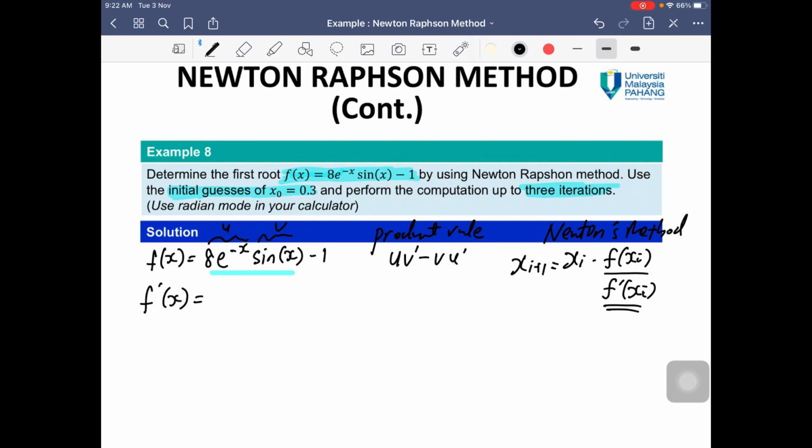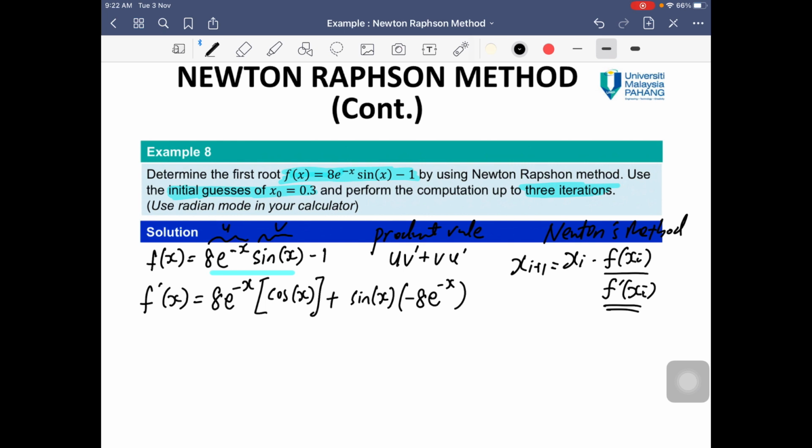By using the product rule, u is 8 e^(-x), and differentiating v, we get cos x. Then plus v u', so I keep my v, sin x, and I differentiate u, so I should get negative 8 e^(-x).